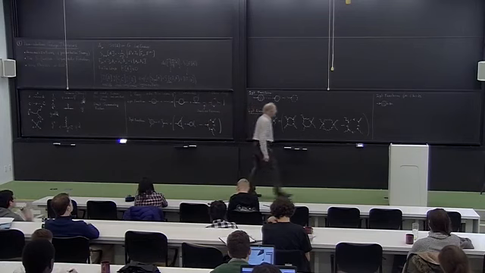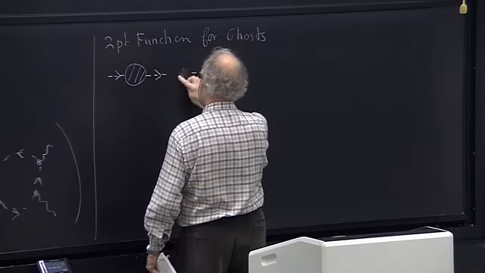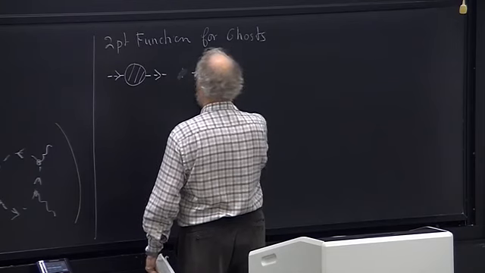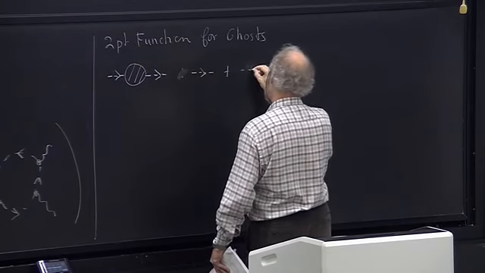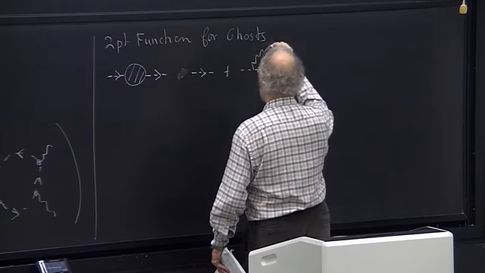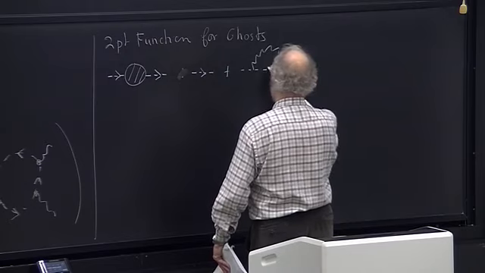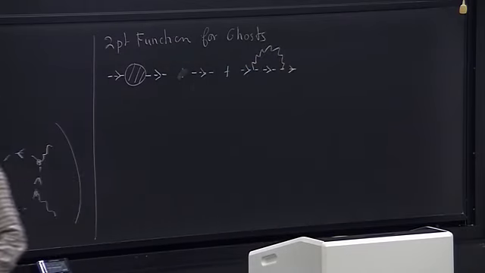And, well, that's going to be like in QED. So first you have the propagator, and then you are going to have this kind of diagram, which is the same as in QED. Okay?